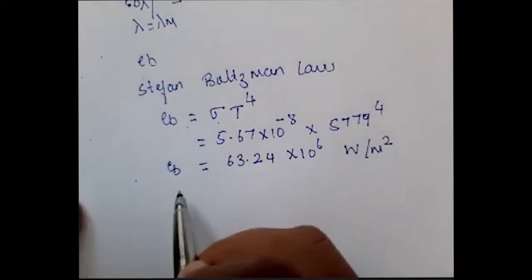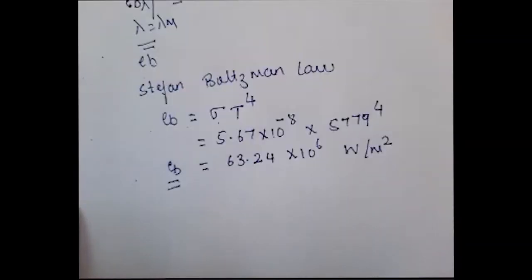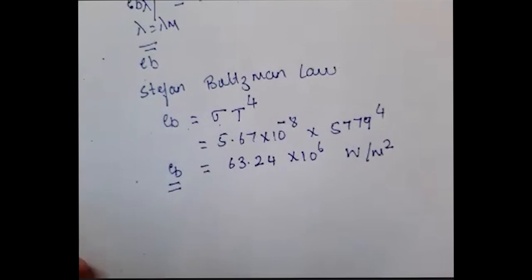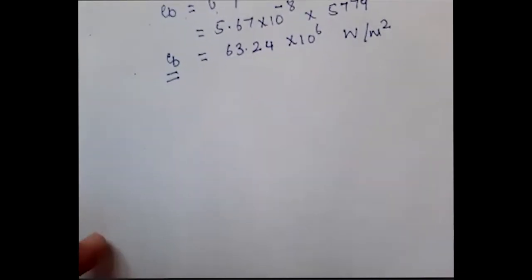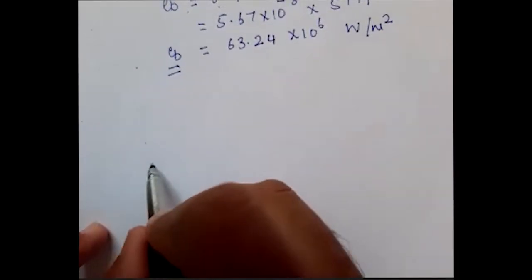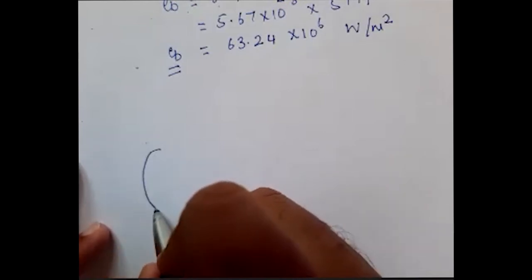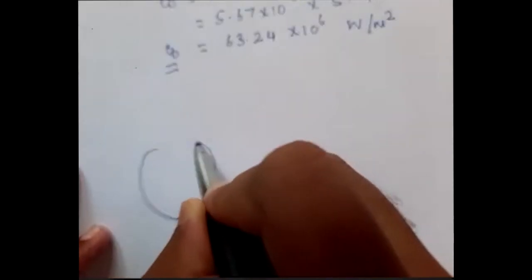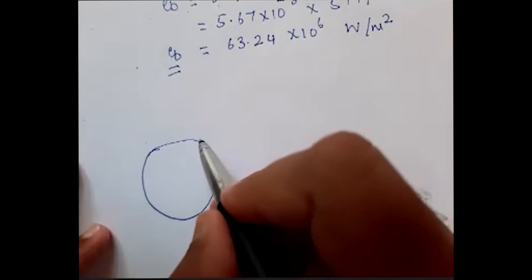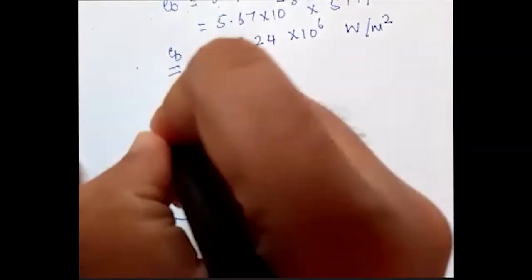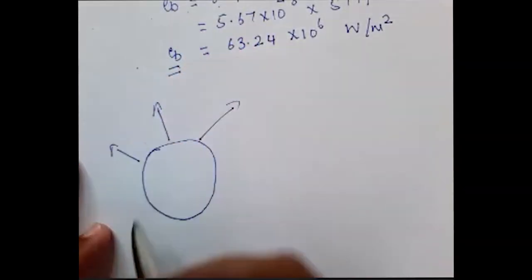So this is all about EB and EB lambda at the sun's surface. So I have a sun. It is emitting rays in all the directions.